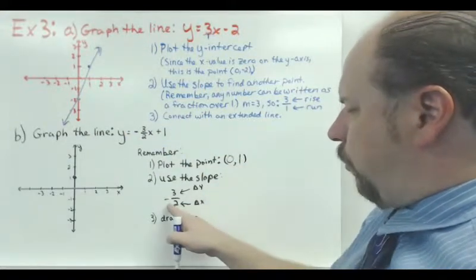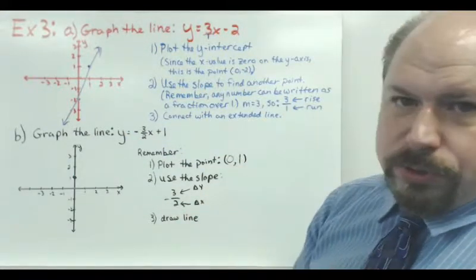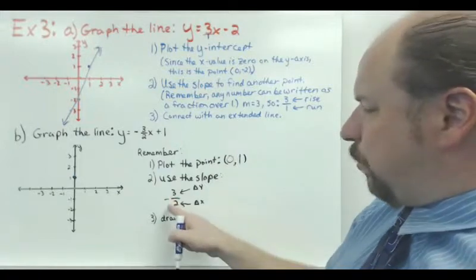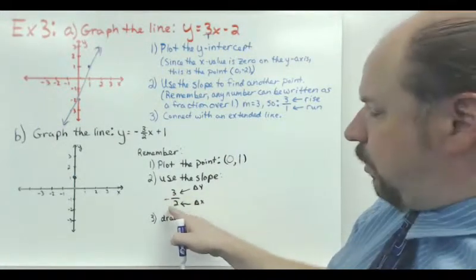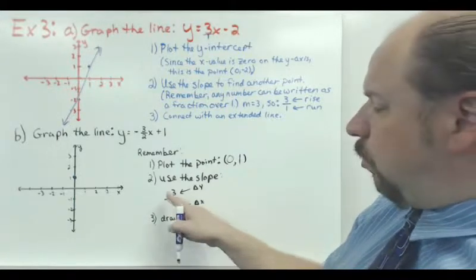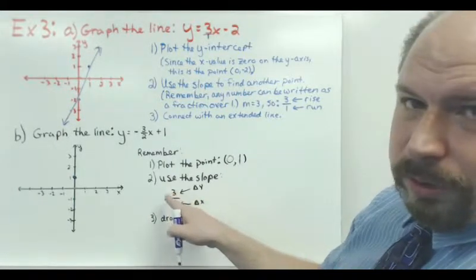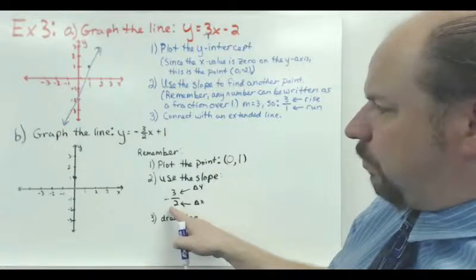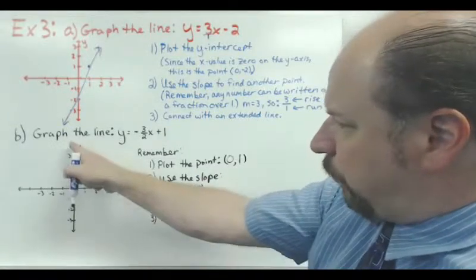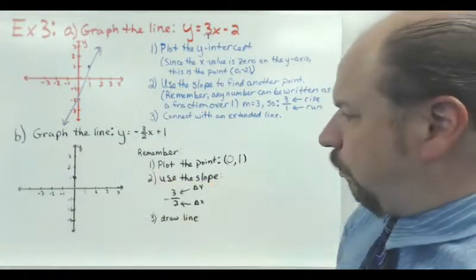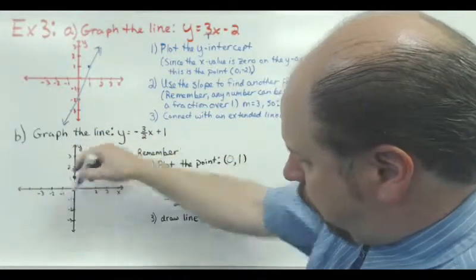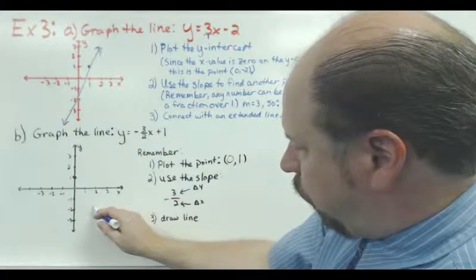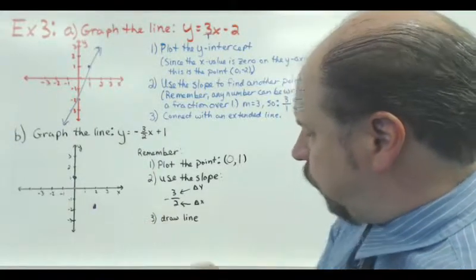Use the slope, negative 3 over 2. In this particular case, we can go negative 3 in the y direction and positive 2 in the x direction, or we could go positive 3 in the y direction and negative 2 in the x direction. If we go positive 3 in the y direction, it does take us off the graph, so I'm not going to use that one. I'm going to go down 3, 1, 2, 3, and over 2, and plot our point.